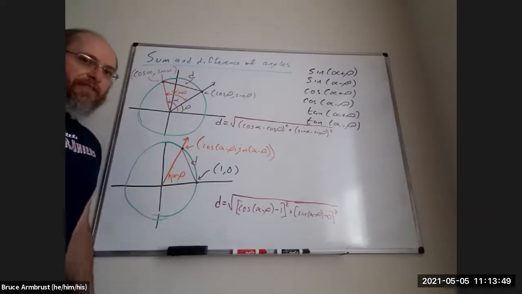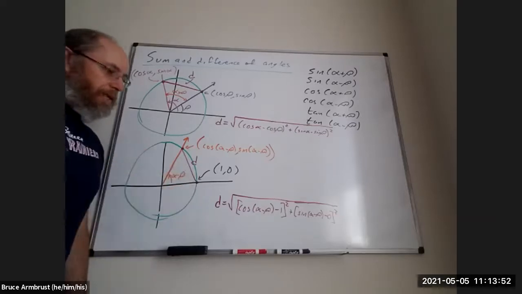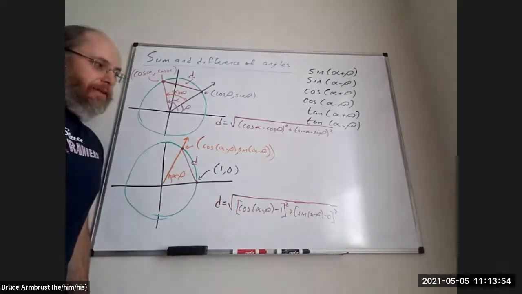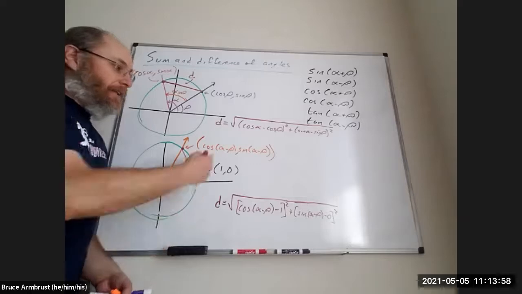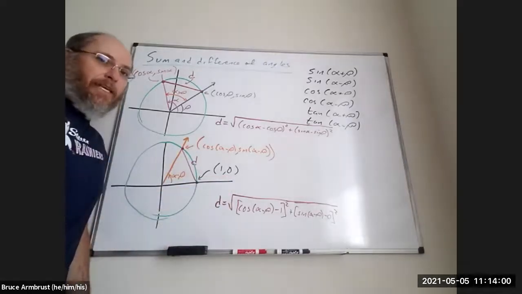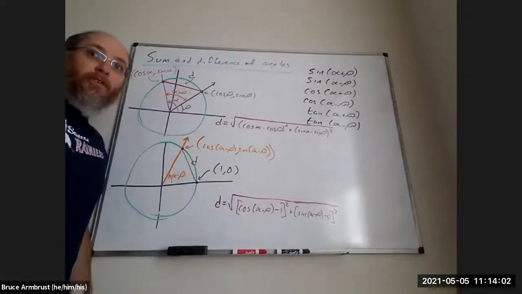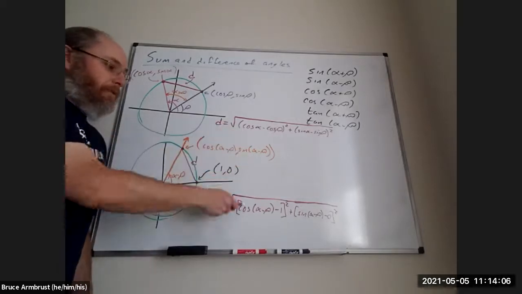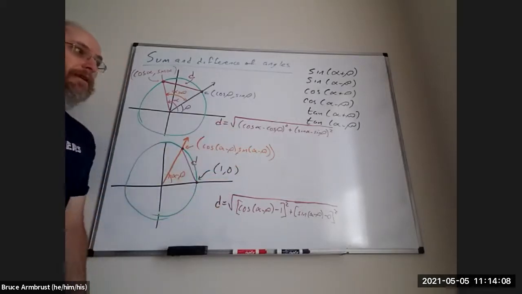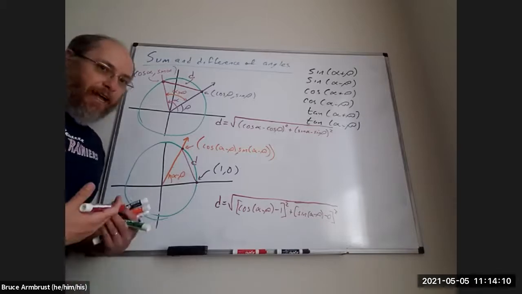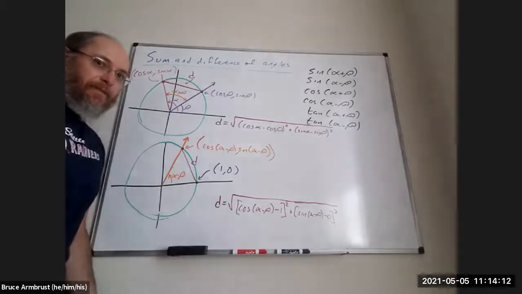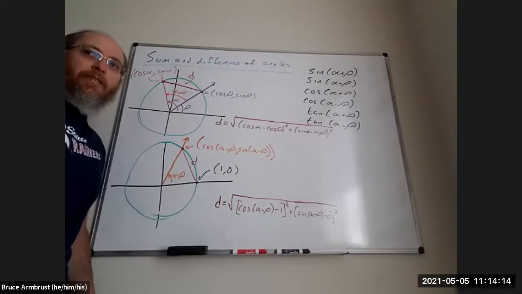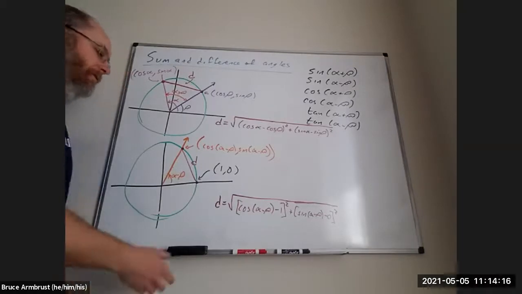So again, just using the distance formula, it's just 2 different points. But I know that those 2 distances have to be equal. So I'm just going to set one equal to the other, and we're going to do a whole bunch of algebra to simplify this thing down.